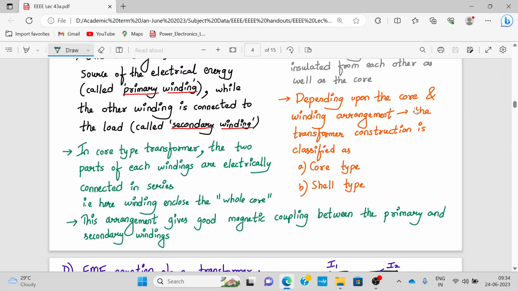That means here a winding encloses the whole core, and this arrangement will give you good magnetic coupling between the primary and the secondary winding. So normally core type transformers are preferred for transforming high voltages. So that's about the construction of the transformer.